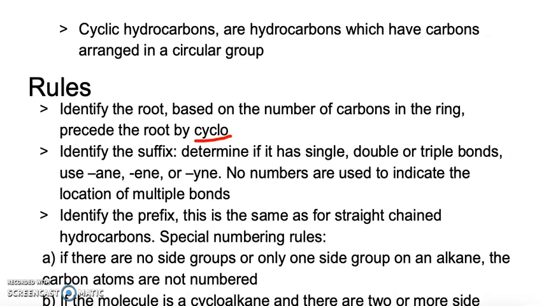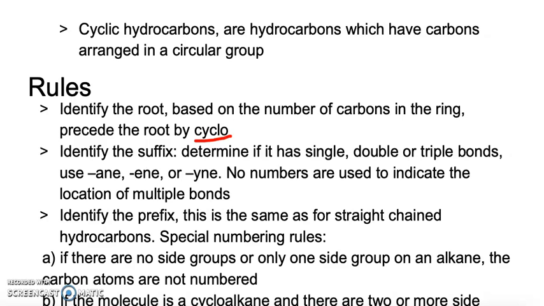So what you find is if there's only one special thing, whether that special thing is a side chain, a double bond, or a triple bond, you don't need numbers. If there's more than one special thing, then you are going to use some numbers, because obviously we need to know where they are with respect to each other, at which point you're going to follow order of priority to assign number 1. Remembering back, first priority out of what we've covered so far is going to be that triple bond.